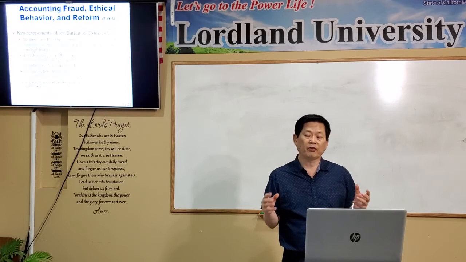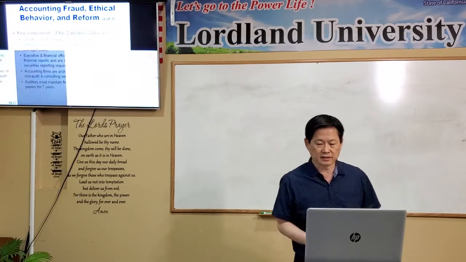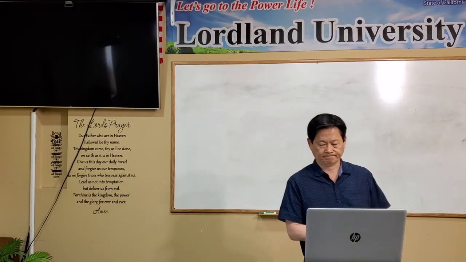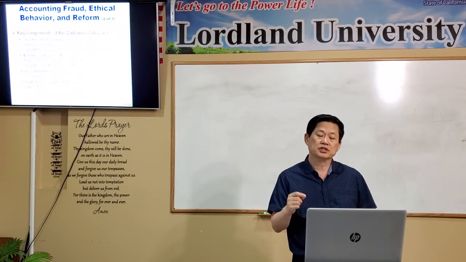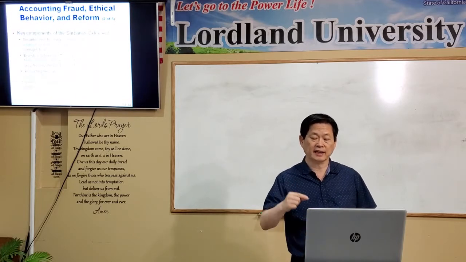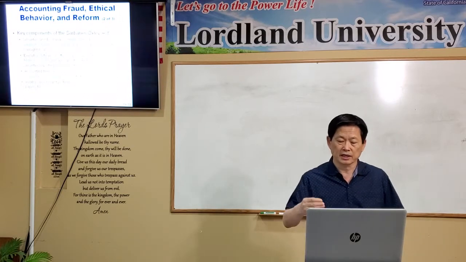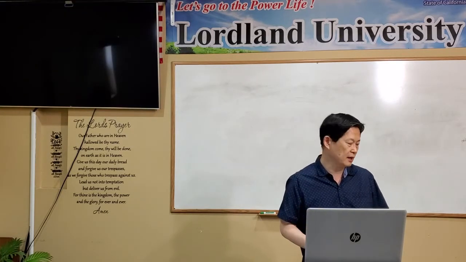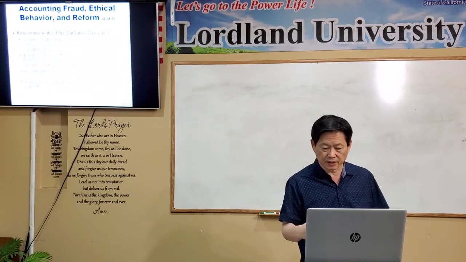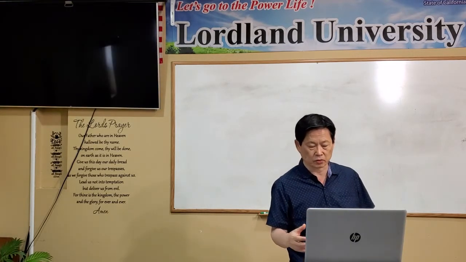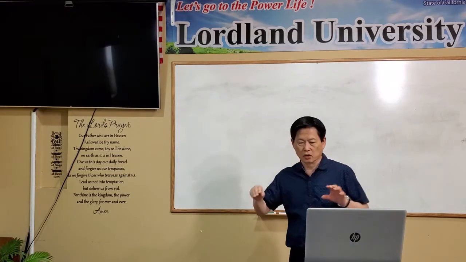The key components of the Sarbanes-Oxley Act are as follows. The U.S. Securities and Exchange Commission is required to establish a full-time 5-member Public Company Accounting Oversight Board. What is the meaning of oversight? Monitor, control.